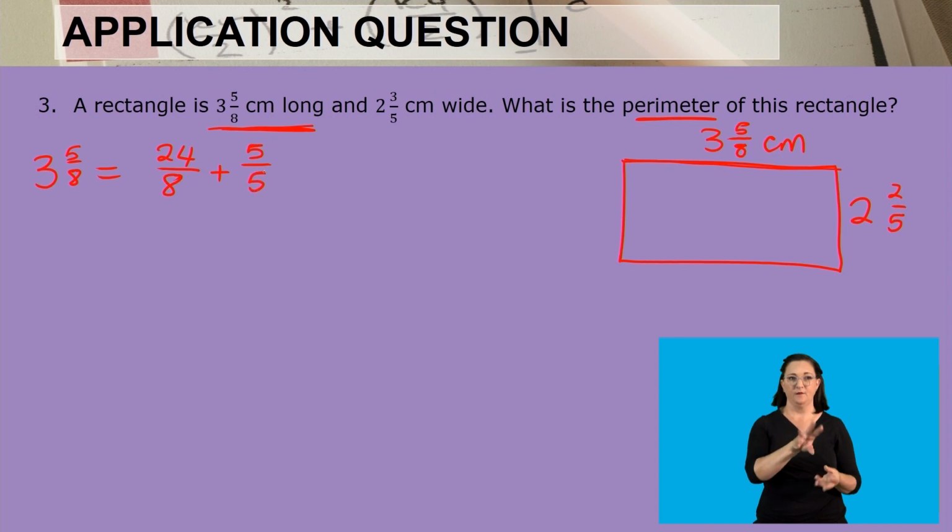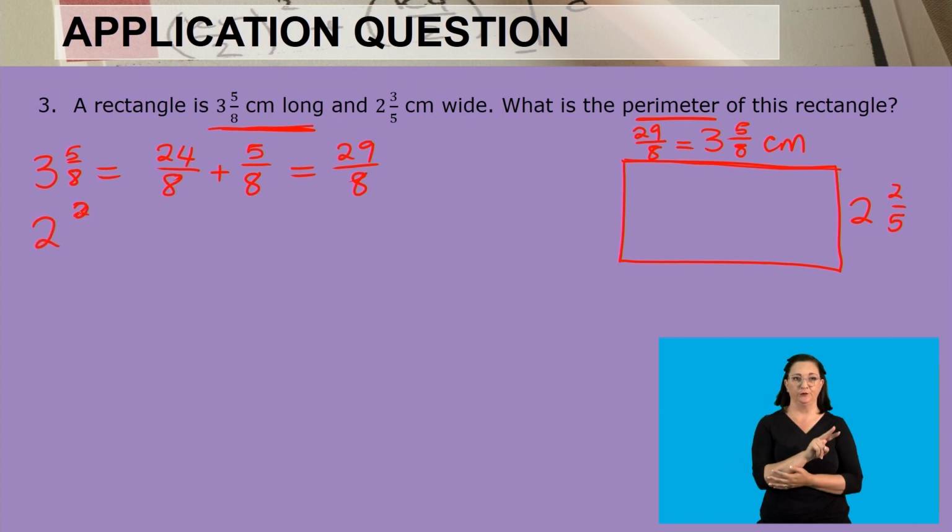And we are adding that to 5/8. And together that gives us 29/8. So we know that the length of this is 29/8. And then we are going to do the same thing for the width, and that is 2 3/5.